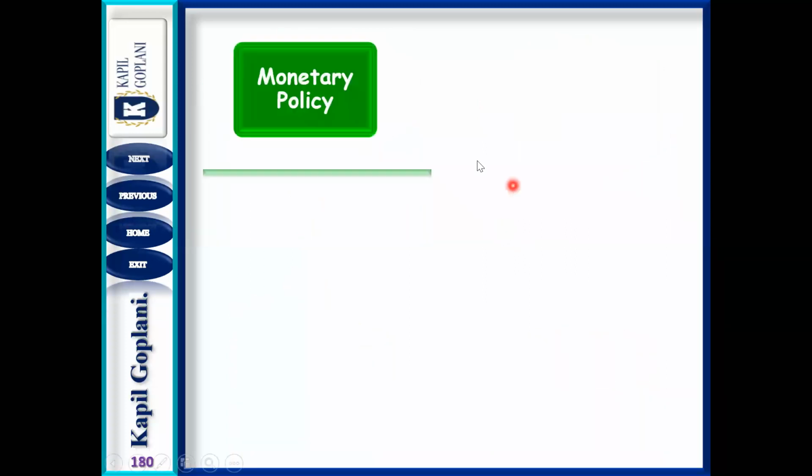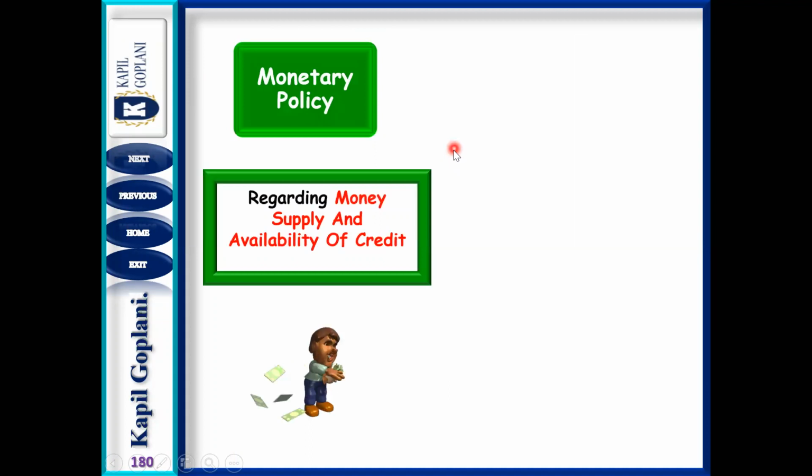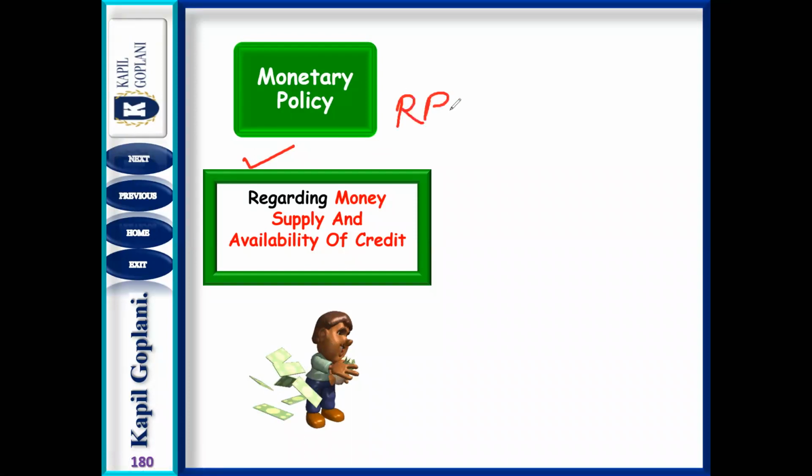Now let us first understand monetary policy. What is the meaning of monetary policy? Monetary policy is regarding the money supply and availability of credit. Again, it is under the control of the Reserve Bank of India.